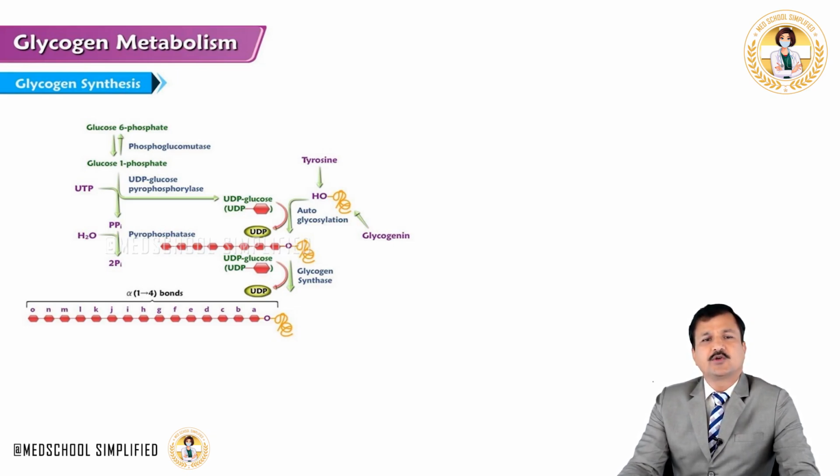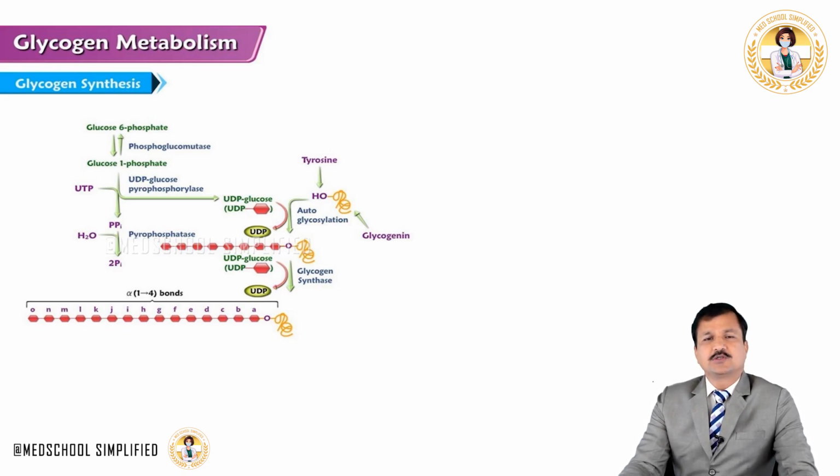Glucose-1-phosphate will be converted into UDP-glucose by breaking UTP and releasing PPi, and this PPi further breaks into 2 inorganic phosphates by the pyrophosphatase enzyme. So that makes the system exergonic.